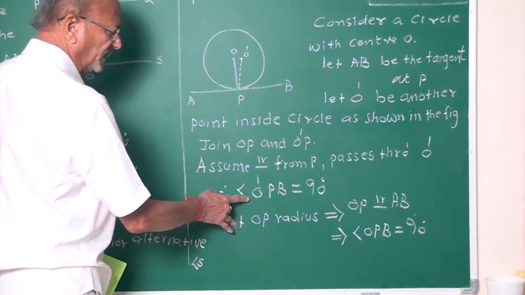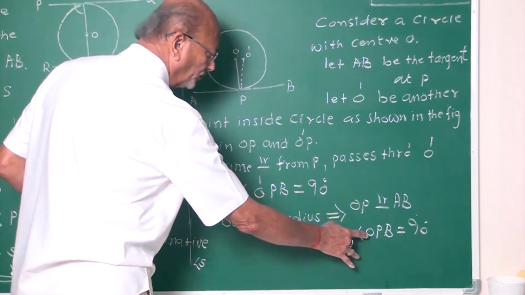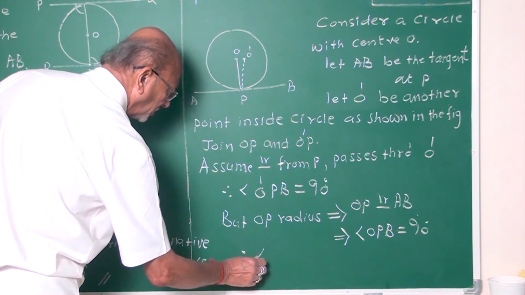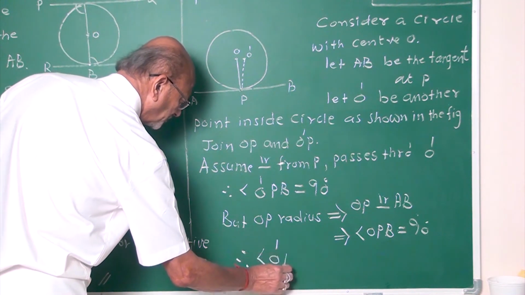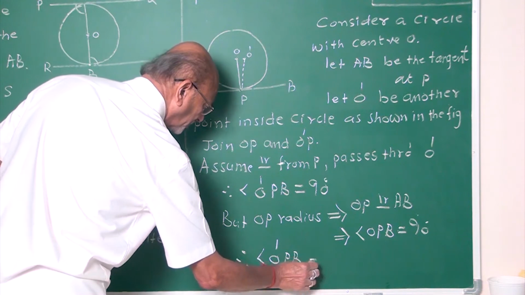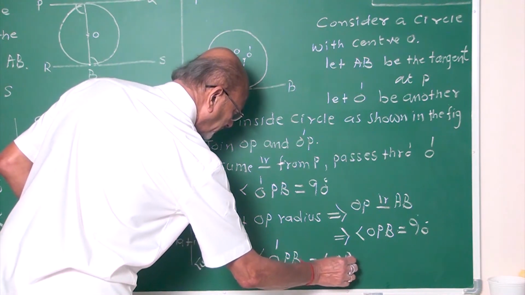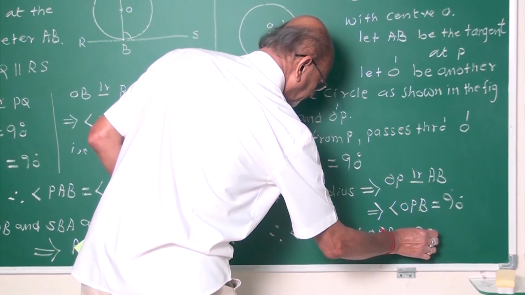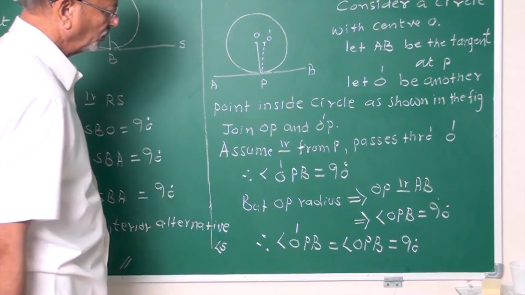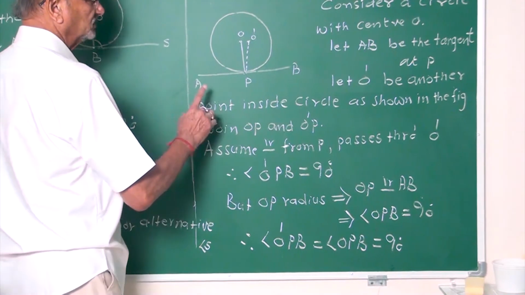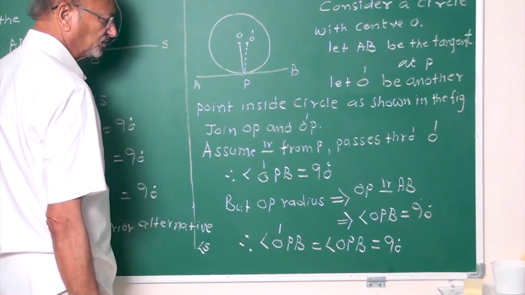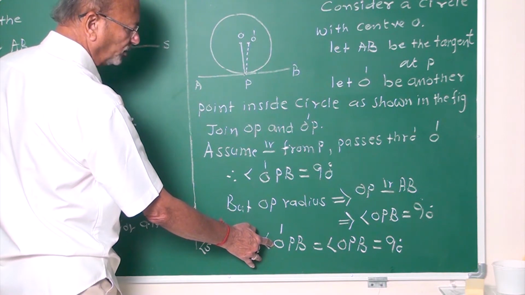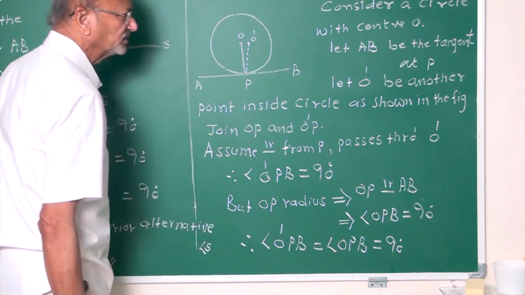See, O dash PB is 90, OPB is 90, then both are equal. Therefore, we have angle O dash PB equal to angle OPB, both equal to 90. This is possible only when O and O dash coincide.